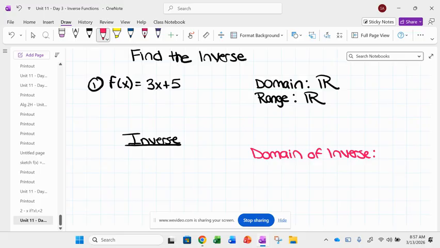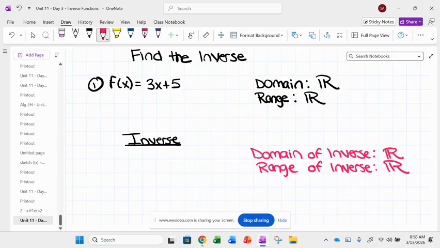The range of the original was all real numbers, so the domain of the inverse is all real numbers. And we're also going to say, what is the range of the inverse? Well, the range of the inverse is the domain of the original, which is all real numbers. Do you think it's always going to be this simple? No, we'll see in future problems how it changes.